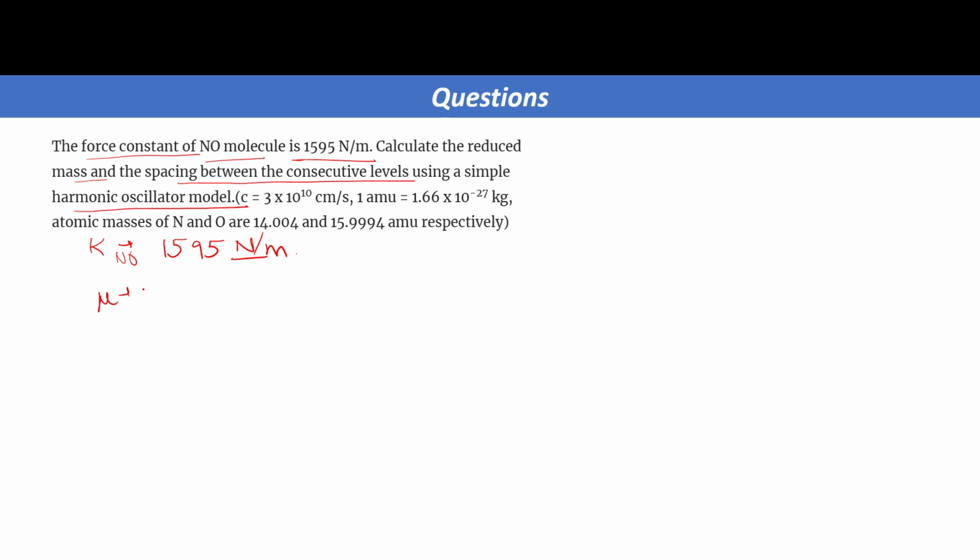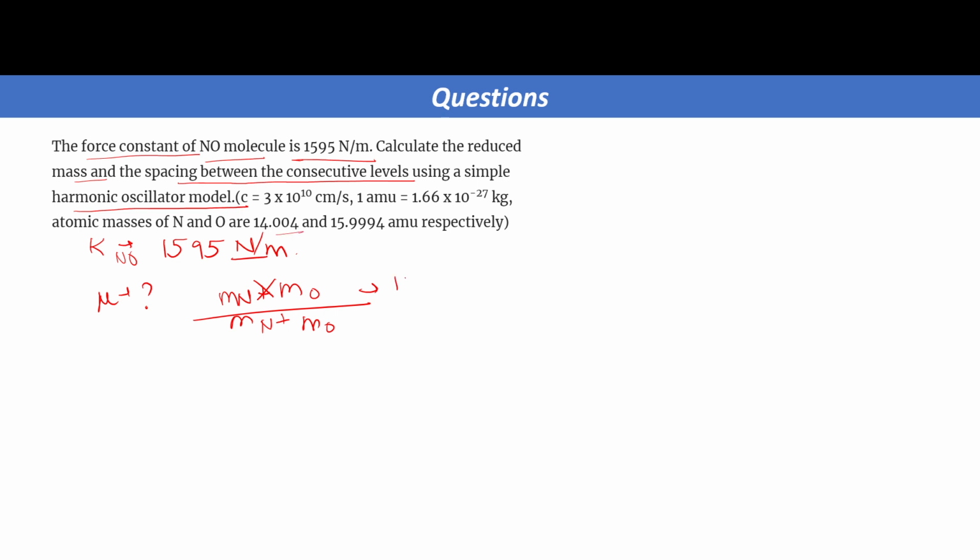We have to calculate the value of reduced mass. So reduced mass will be mass of nitrogen multiplied by mass of oxygen divided by mass of nitrogen plus mass of oxygen, and both the masses are given.